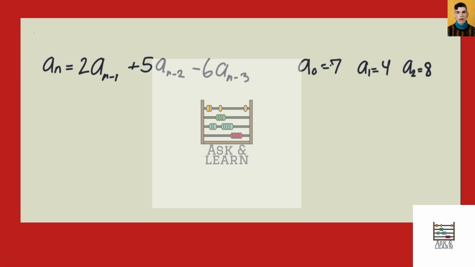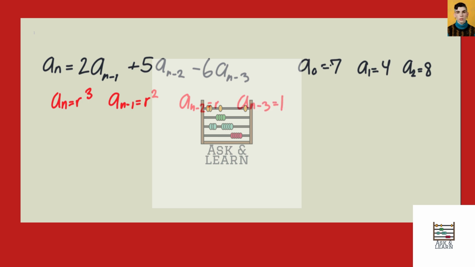Okay, so we'll start with the characteristic equation. And so here we're going to let a_n equal r cubed. a_{n-1} will then be equal to r squared. a_{n-2} is going to be equal to r. a_{n-3} will then be equal to 1.